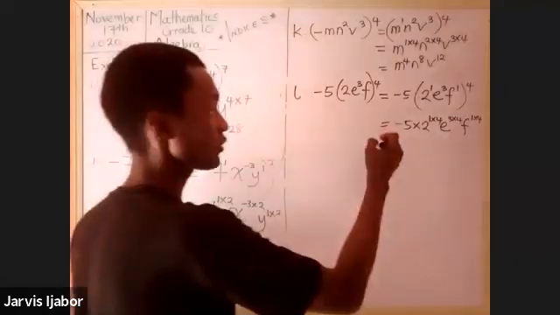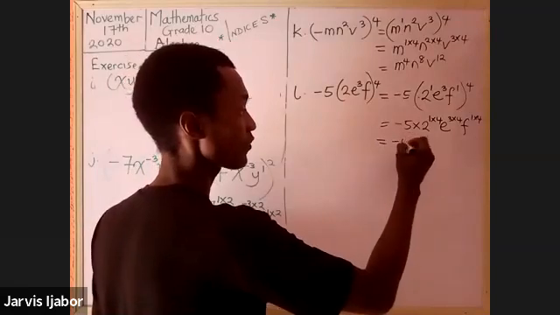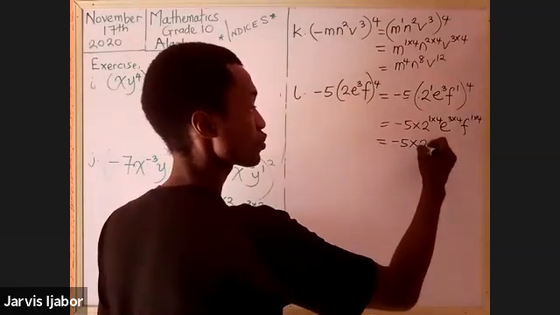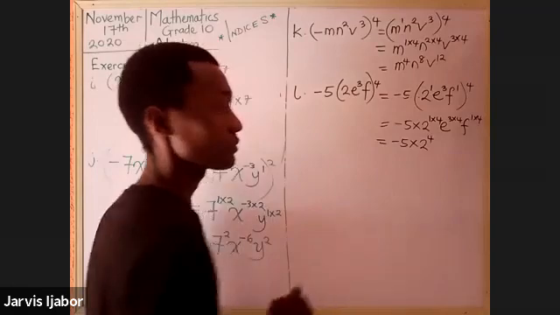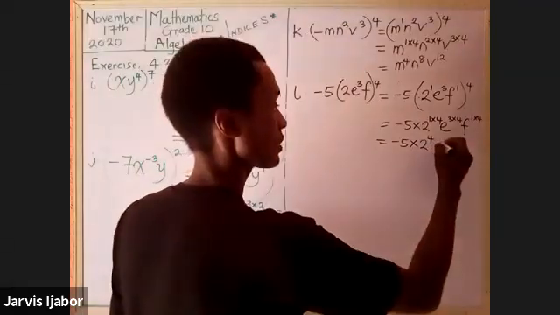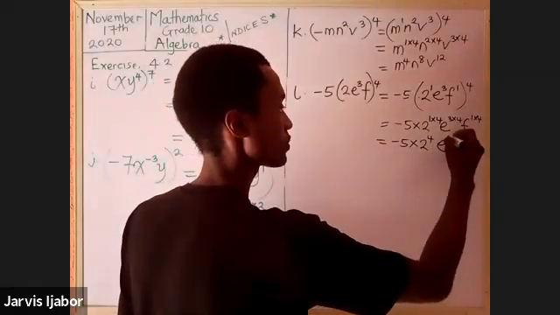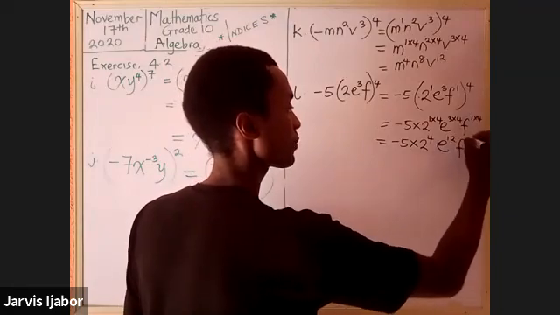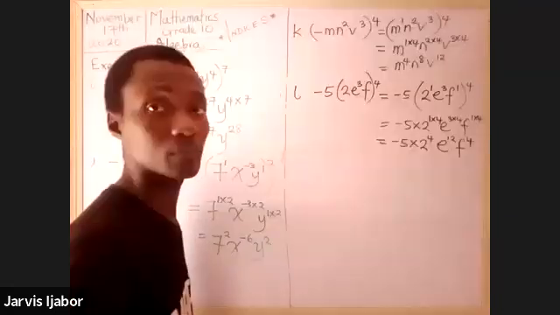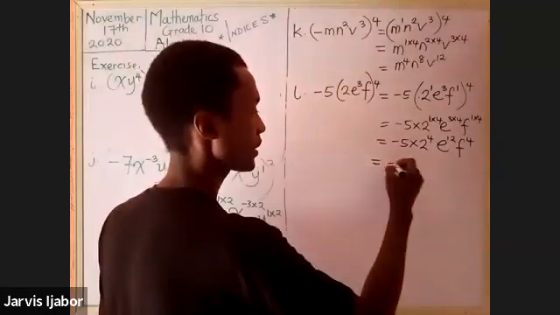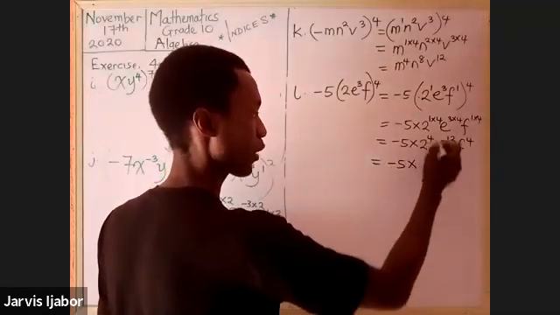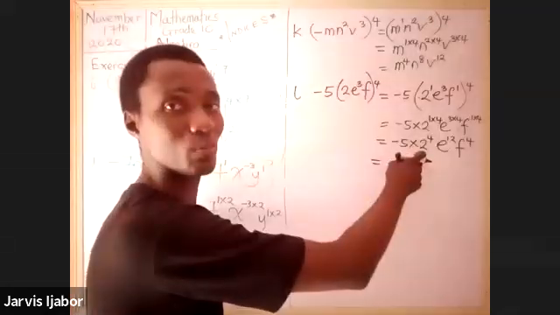So what does that give you? This will give me negative 5 times 2 raised to the power of 4, e raised to the power of 12, f raised to the power of 4. What's the next thing? This will be negative 5 times, I can work with this. The answer here is quite small, so I can work with that.